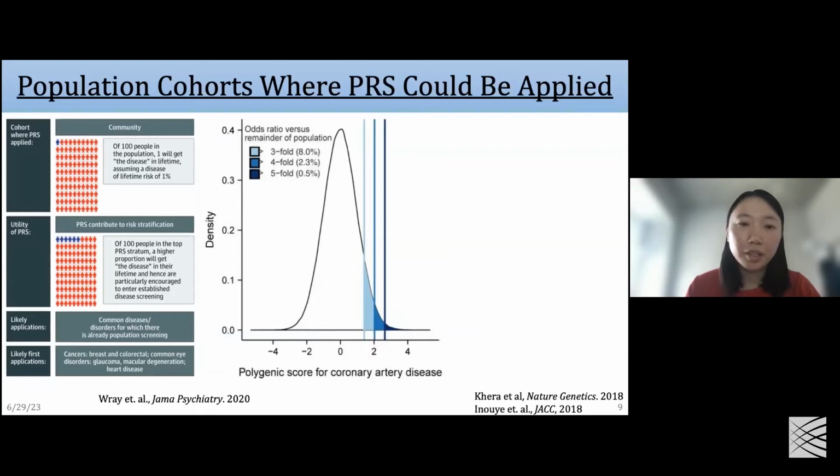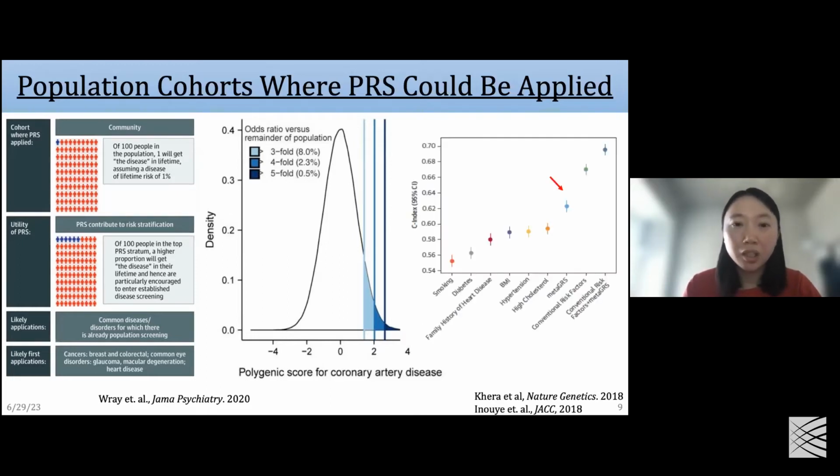This prevalence is even higher than that of monogenic mutations conferring comparable risk. Another study showed that the coronary artery disease PRS can perform much better than individual conventional risk factors. And further integrating PRS with the conventional risk factors, they can achieve better predictive performance.